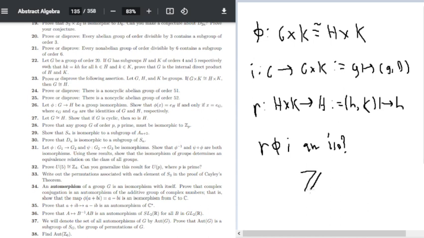So we're going to have Z is isomorphic to... it's going to also be something like this.